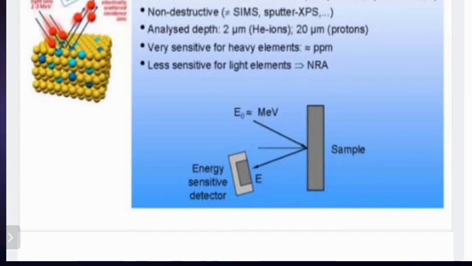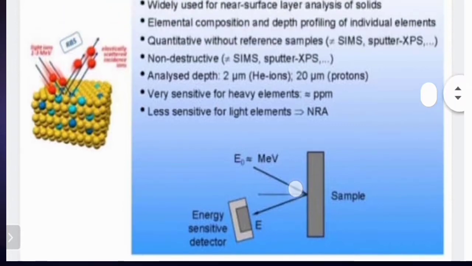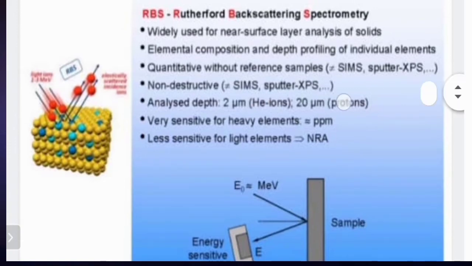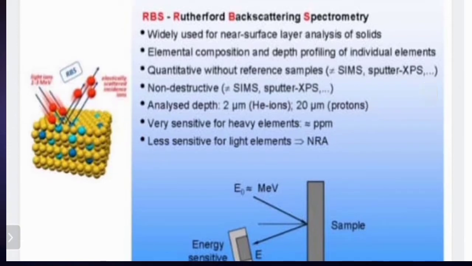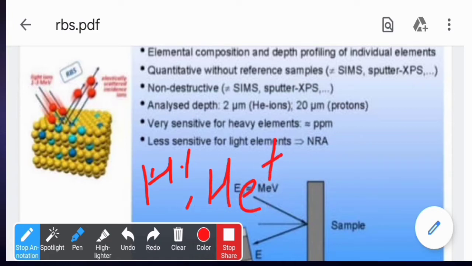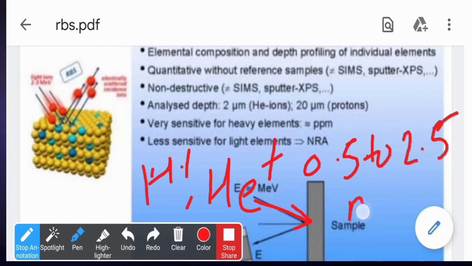The basic principle of the Rutherford backscattering technique is that monoenergetic ions of helium or protons are incident on the solid surface, with a typical energy of around 0.5 to 2.5 mega electron volt.